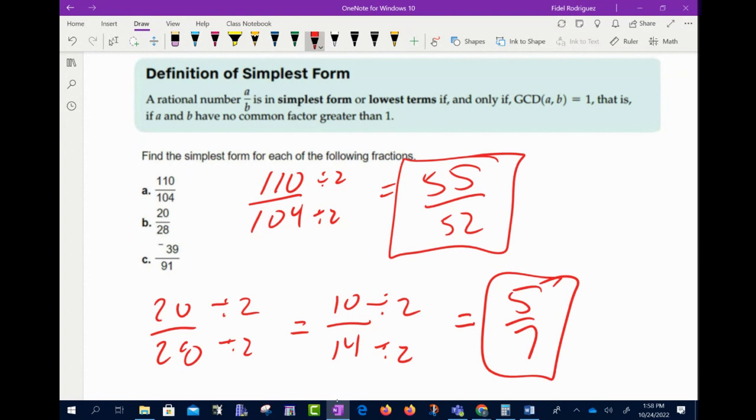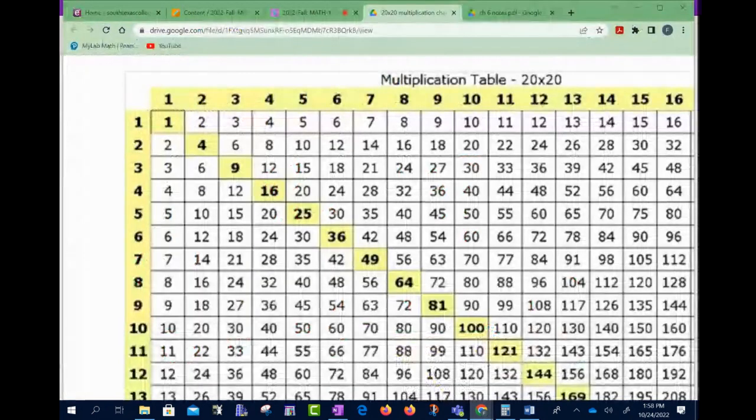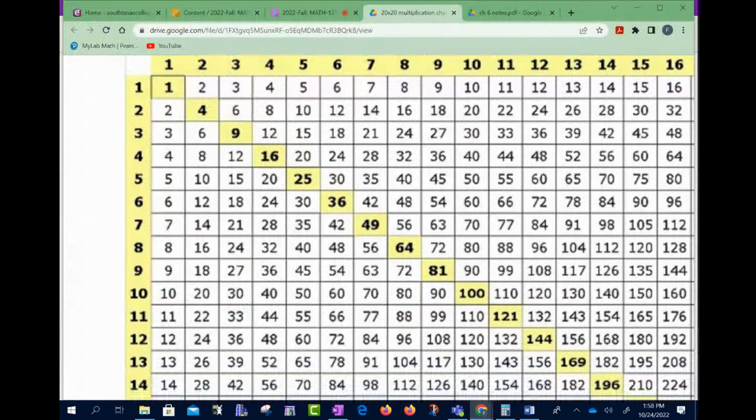Okay. Now, look, y'all, for negative 39 over 91, again, use your chart, right? So look, here's 3 and 13 to give me 39. So I know I can divide 39 by both 3 and 13. But if I look further down, I see 91 over here too.